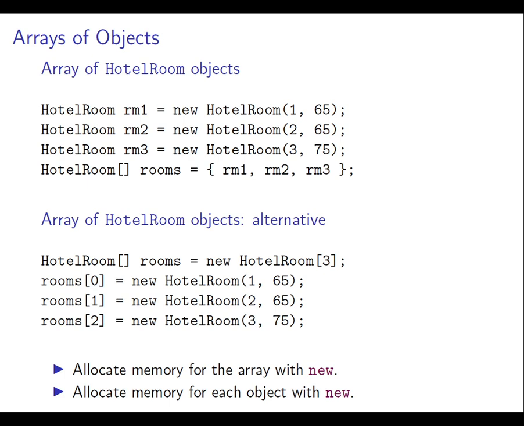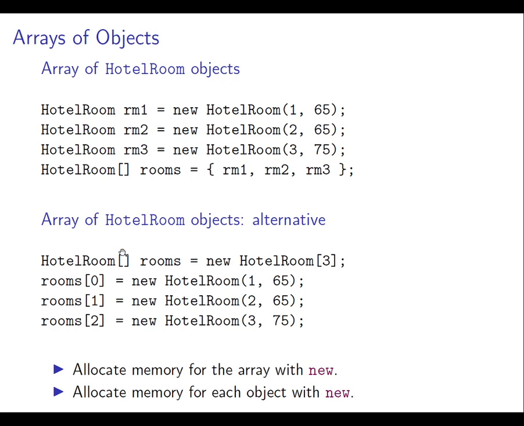Do notice that either implicitly or explicitly we need to allocate memory both for the array, that's going to allocate enough memory to store enough object references to be the contents of the array, and we're going to have to allocate the memory for each object. And it may be that both kinds of allocation use new, as in this case, here we have a new which is allocating space for the array, and here we have 3 news, each of which allocate space for one object.